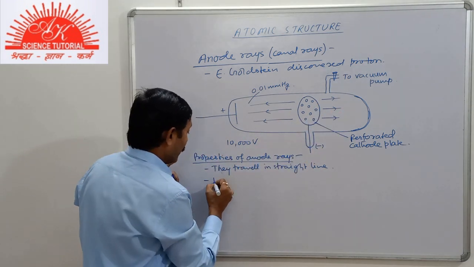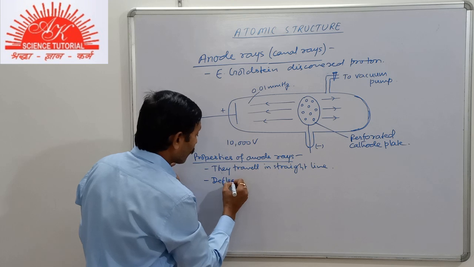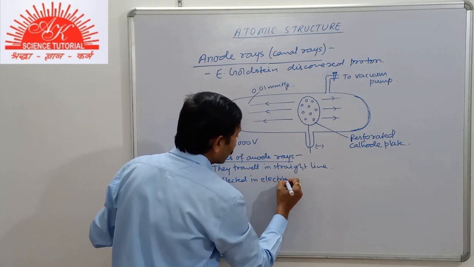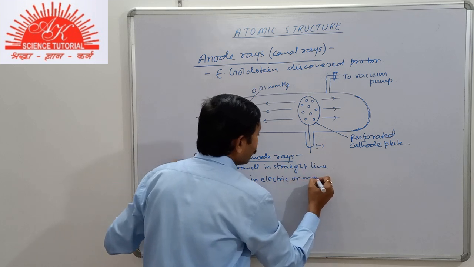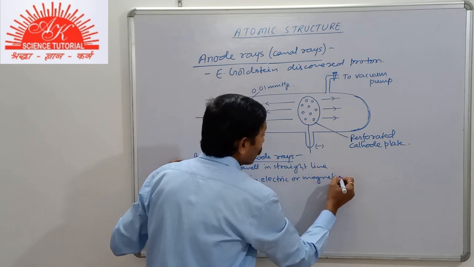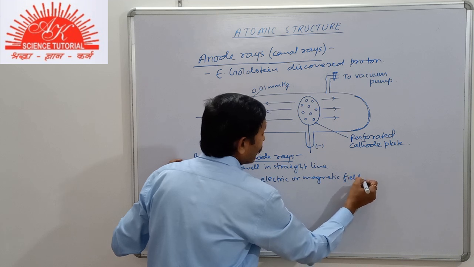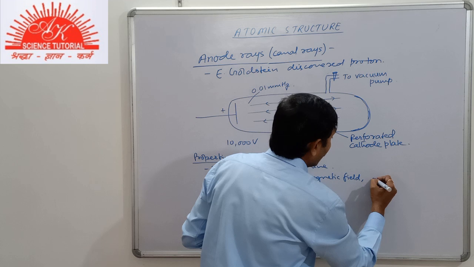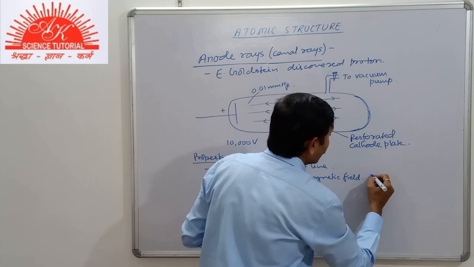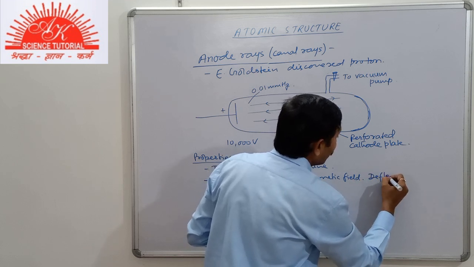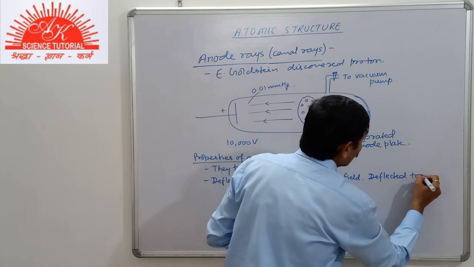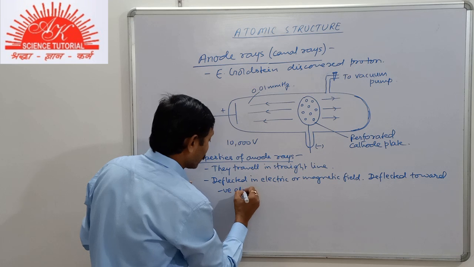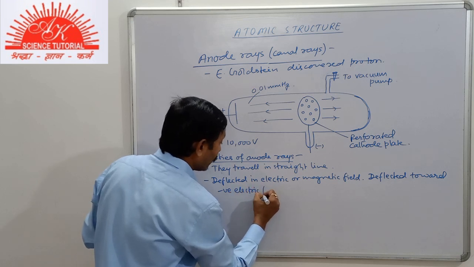Next, they are deflected in electric or magnetic field. Deflection in a magnetic field means they are particles. They are deflected towards the negative plate in an electric field.